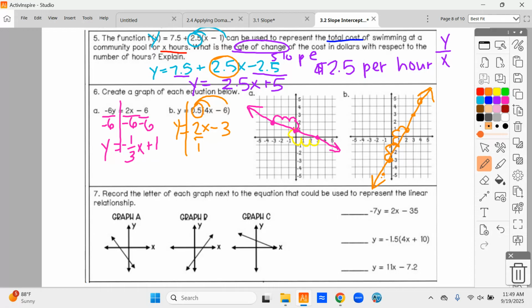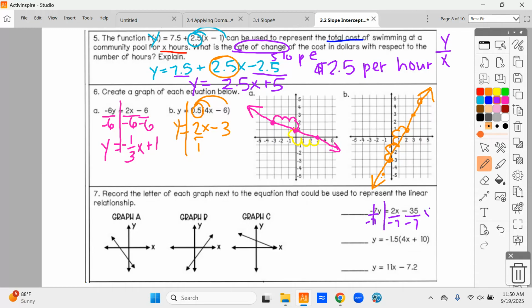Okay, record the letter of the graph next to the equation that could represent the linear relationship. My advice to you first is focus on the slope. If the slope is positive, we can narrow it down. If the slope is negative, we can narrow it down, but I do have to have them in simplest form. So here I would divide by negative 7 to move it over.